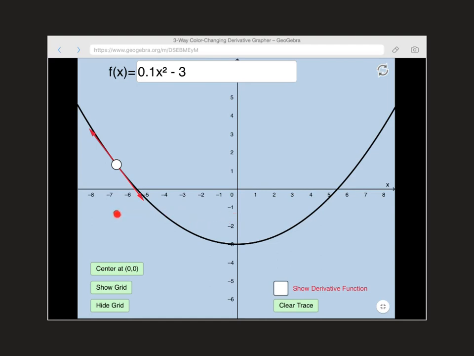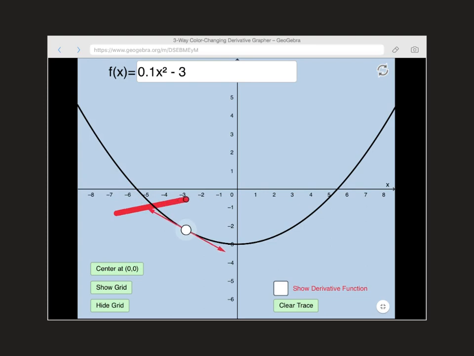So we're going to start it about here as our graph. And as I move the white point, you can see that it's tracking what the gradient is. And as the point moves, you can see that the slope of the line is getting less and less negative. It's less and less steep.